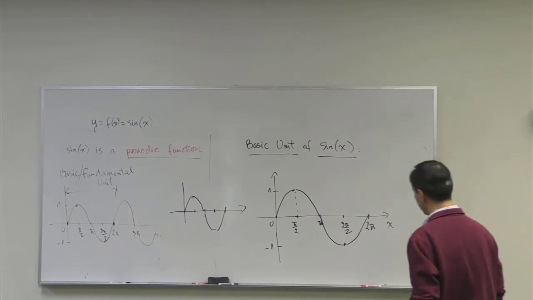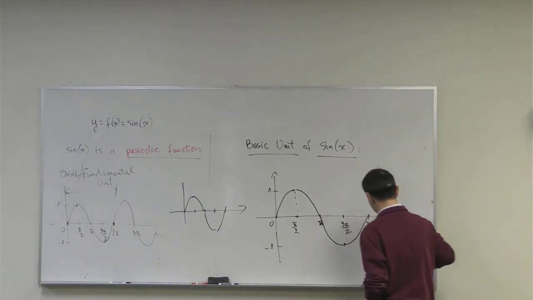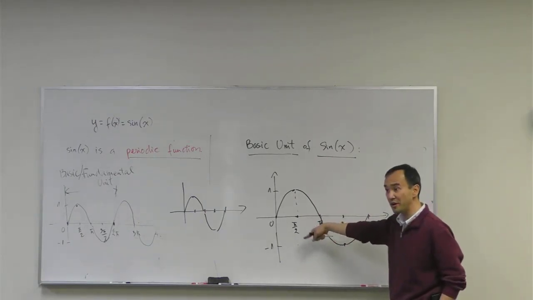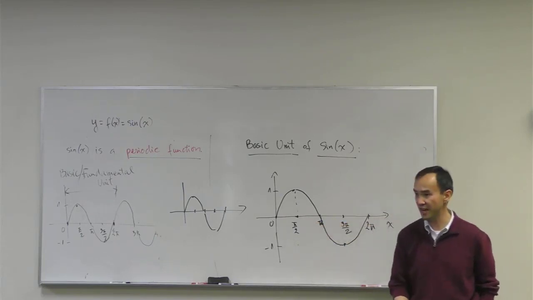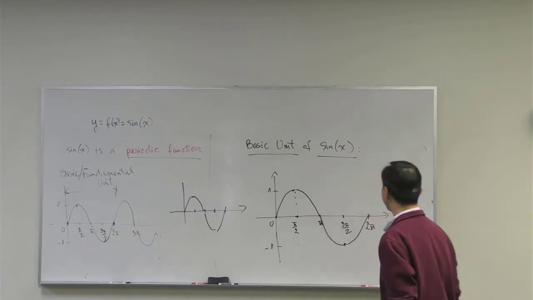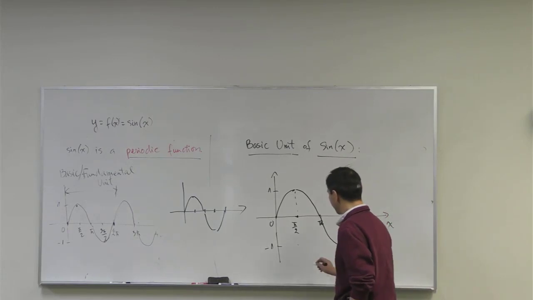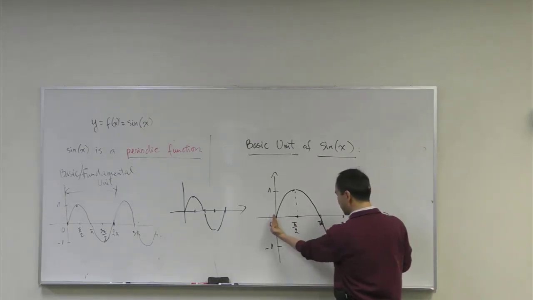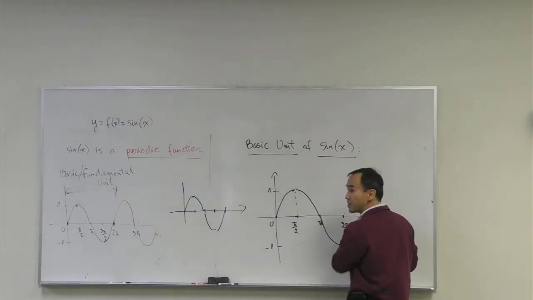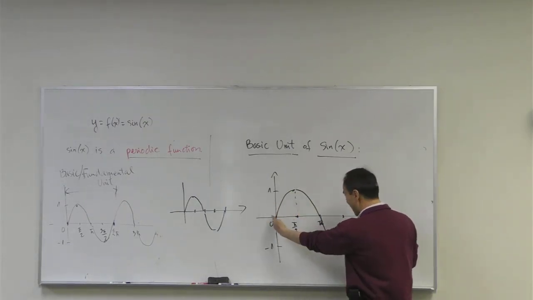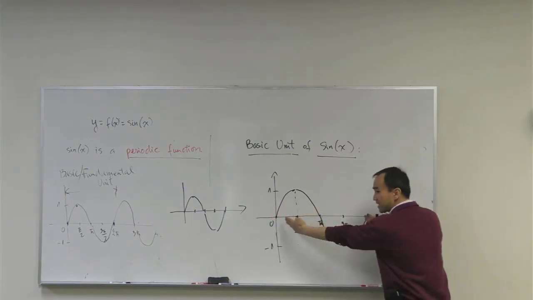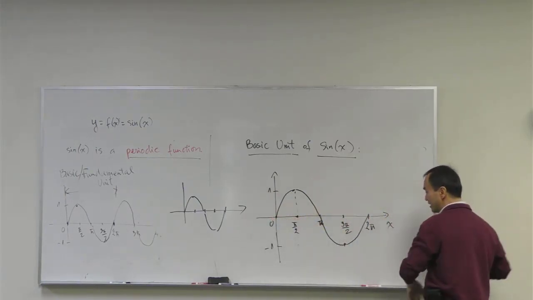And so now, let me get into further detailed information about the basic unit of sine of x. Because this interval from 0 to 2 pi is where we have one complete basic unit, and the rest outside of that is just going to be the exact same unit being rapidly replicated.